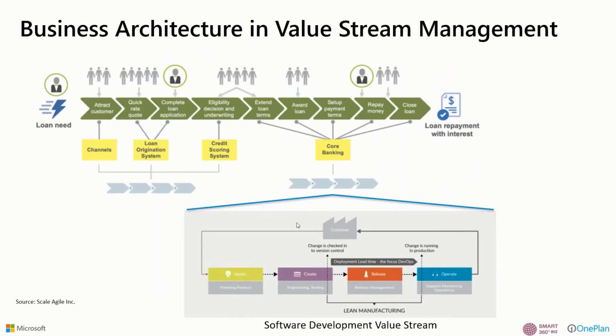If we go to the next slide, there's another trend within all organizations: value stream management within the software development value stream. So how can we use concepts of lean and flow within our software development lifecycle?